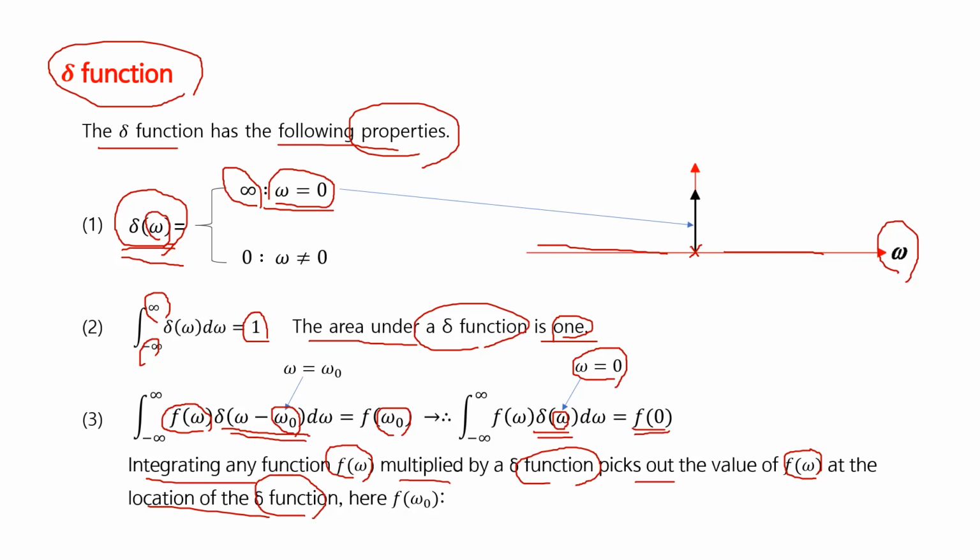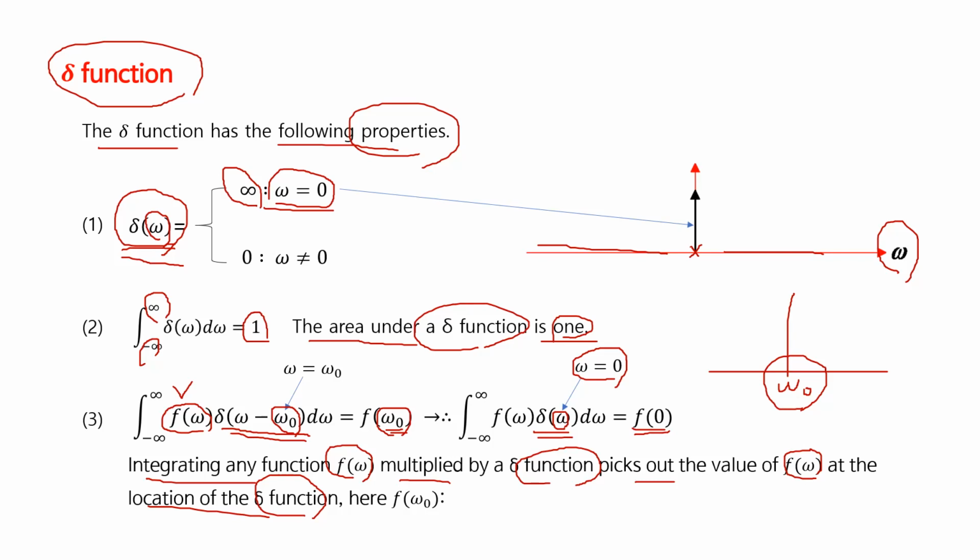The location of this delta function is omega 0. So if we multiply a certain function f(omega) by the delta function at omega 0, then the integral of this gives the value of function f at omega 0.